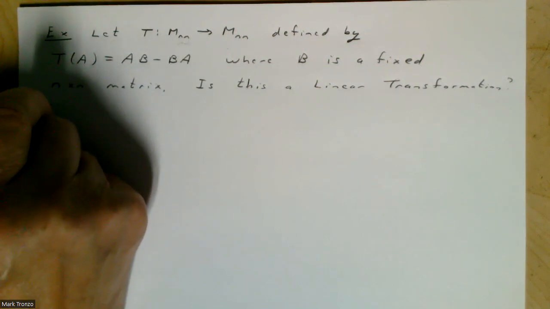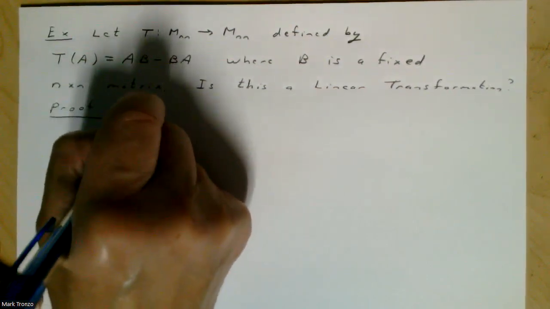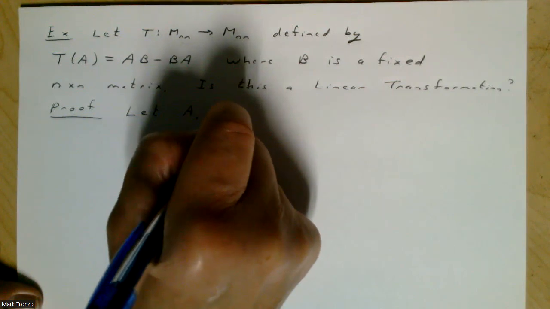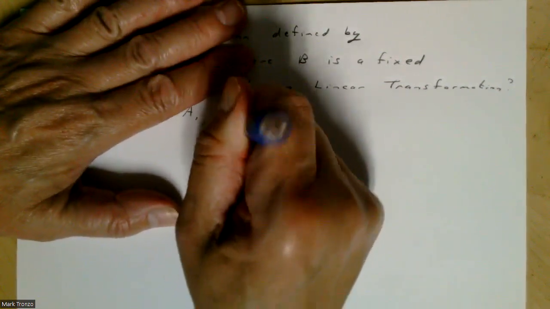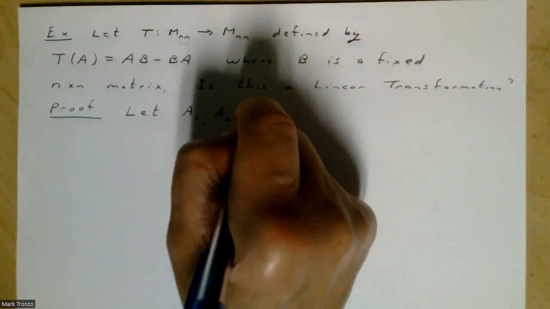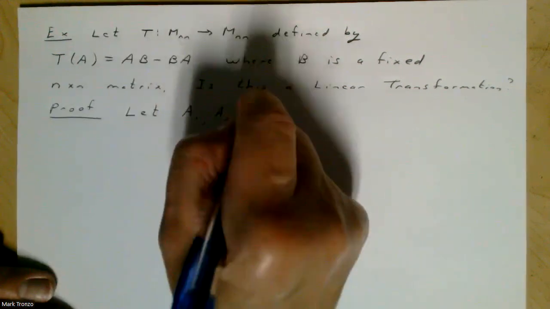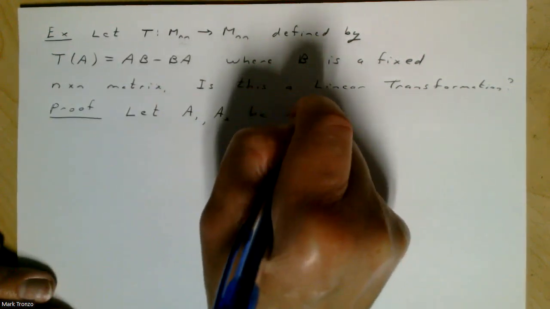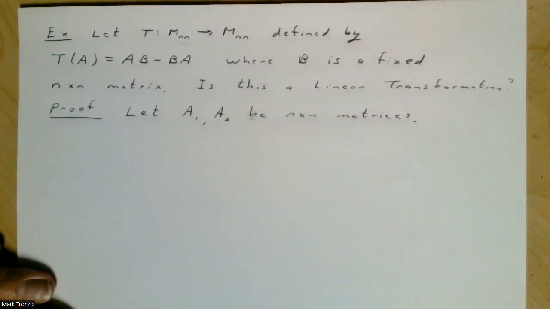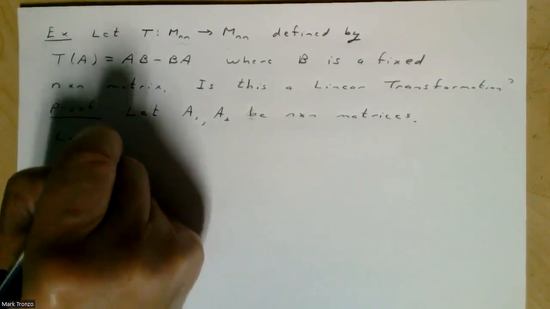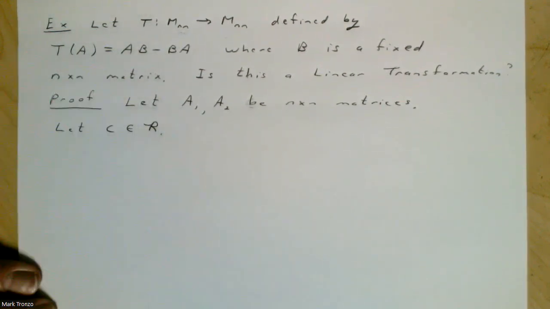Let's do our test. So proof: let A1, A2 be n by n matrices, and let C be a number in the reals. And so let's go through our normal process.